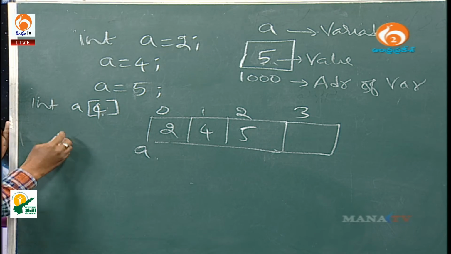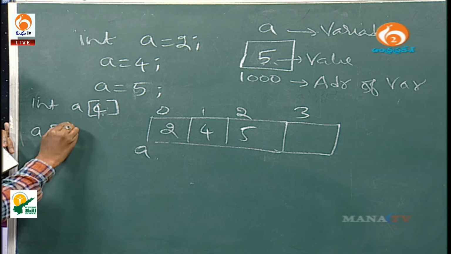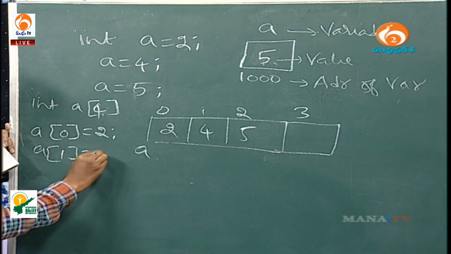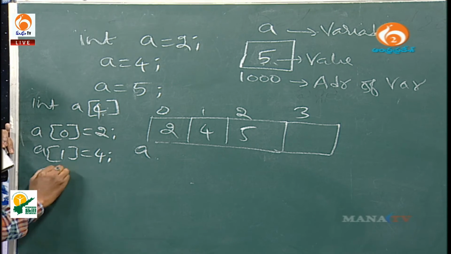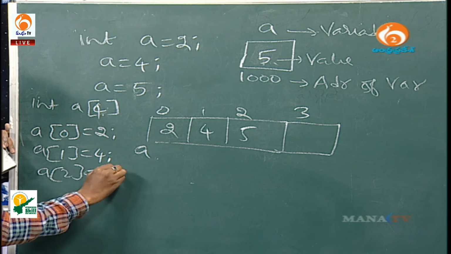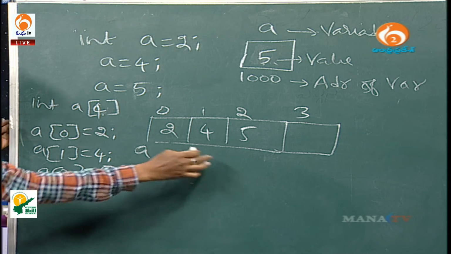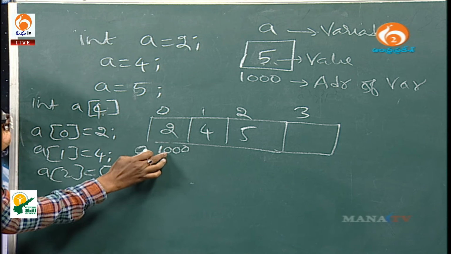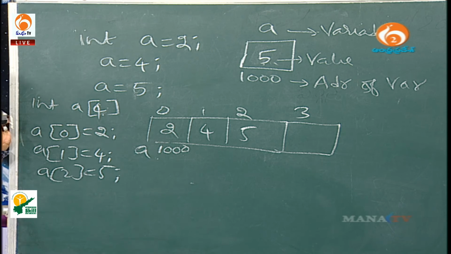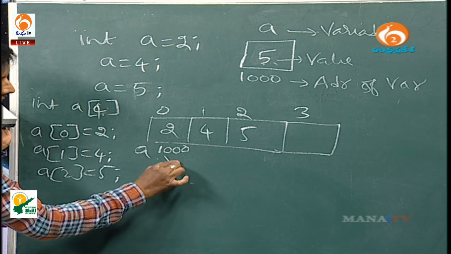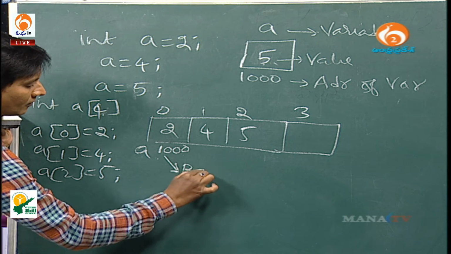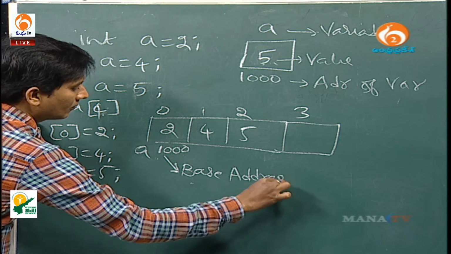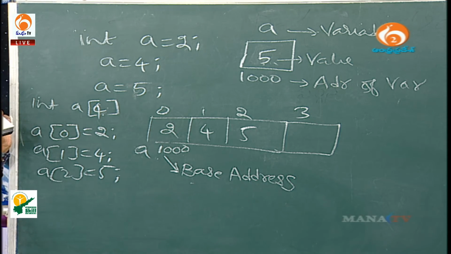To initialize it we write a[0] = 2, a[1] = 4, a[2] = 5. Contiguous memory allocation means the first value is stored at one address, and that address is called the base address.